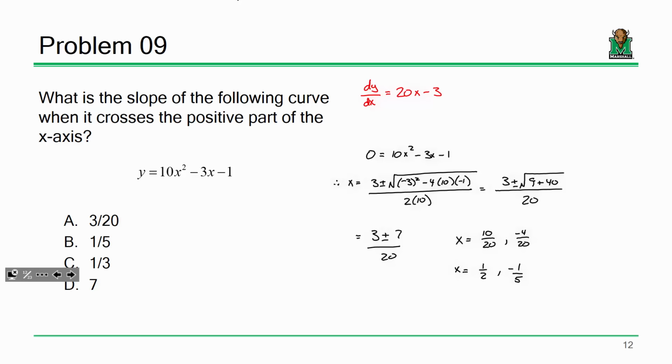The positive part of the x-axis. So I go back up here and I say dy over dx at x equals 1/2 is, we had to bring that derivative in there somewhere, didn't we?